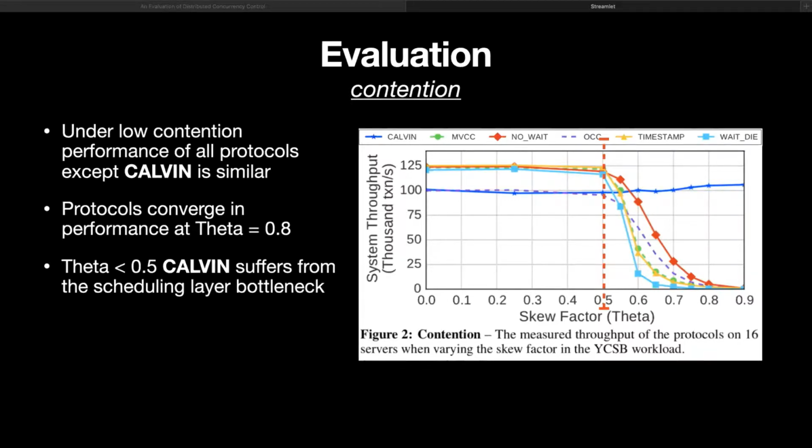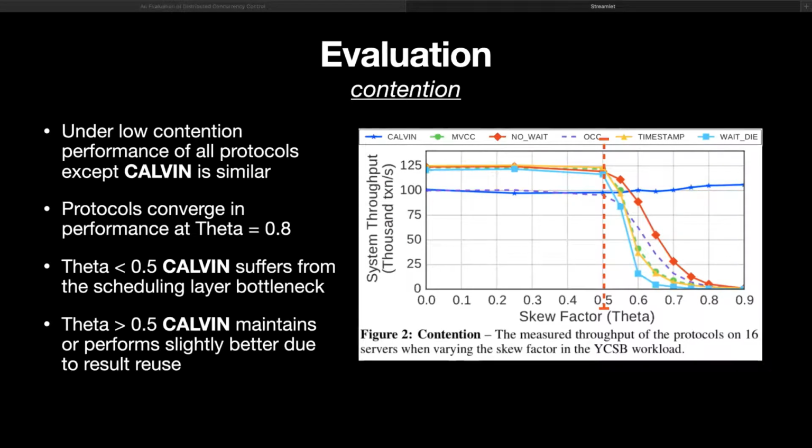When the skew factor is less than 0.5, Kelvin suffers from bottlenecks in the scheduling layer, so its throughput is slightly lower. But as the skew factor increases beyond 0.5, Kelvin maintains its performance.